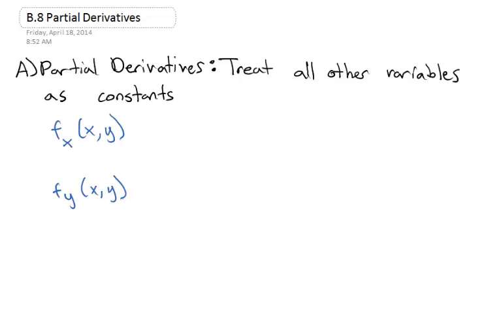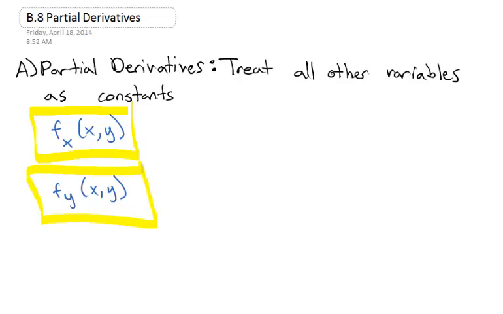Whatever the little subscript is, that is the variable we're taking the derivative of. So if we are doing the partial derivative with respect to x, we will treat the y's like a constant as we solve with the x's. Similarly, if we're doing the partial derivative with respect to y, we'll take the derivative of the y's, treating the x's like a constant.